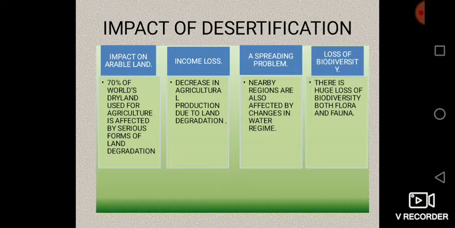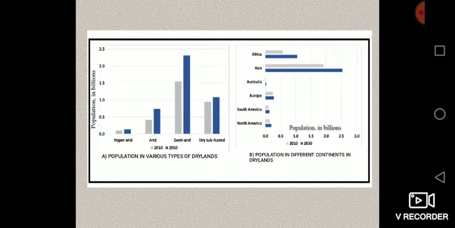Nearby areas are also affected by changes in water regime, and loss of biodiversity is a huge loss of both flora and fauna, which is being caused by the reckless activities of human beings. This is a diagram which shows the population in various types of drylands, and the population in different continents in the drylands.